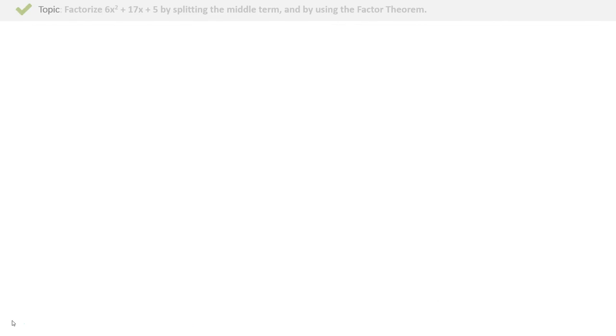Now we have to use this concept to get the factors by splitting the middle term. And here is another example: 6x squared plus 17x plus 5. Let's factorize this polynomial by splitting the middle term and using the factor theorem.